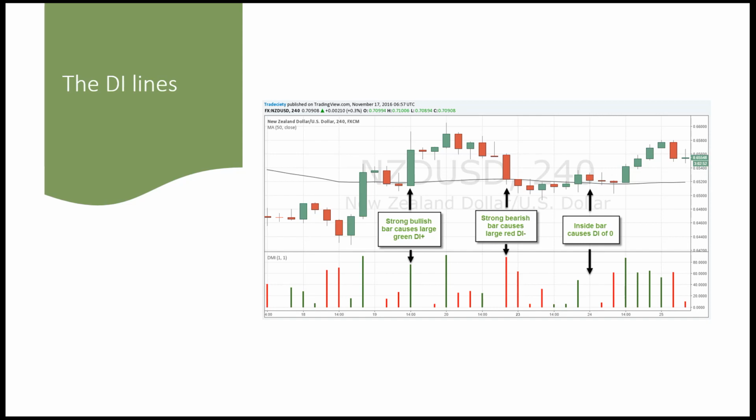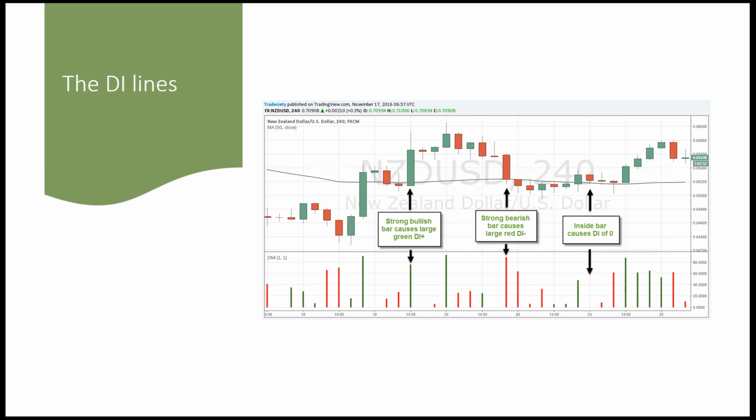So as we can see here, we dropped the DI lines onto a histogram. We can see here that the DI line was green, the high and low were very high, and we see a strong bullish bar that caused the green DI line to be positive.